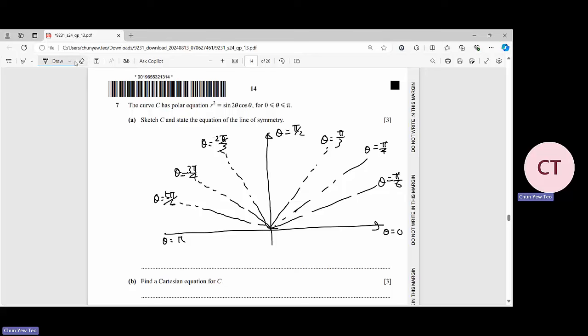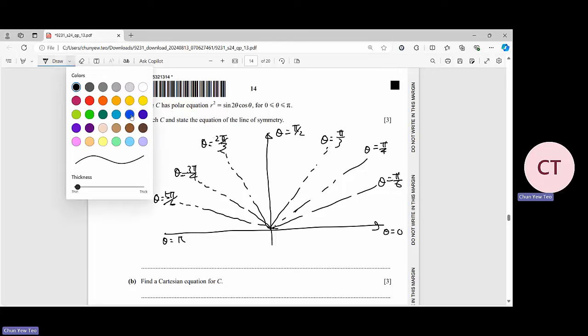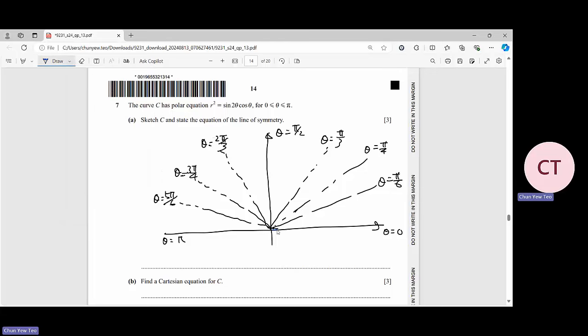So after you plot everything correctly, you will get a graph that looks something like this. If you want a better graph, you can refer to the answer from the mark scheme.